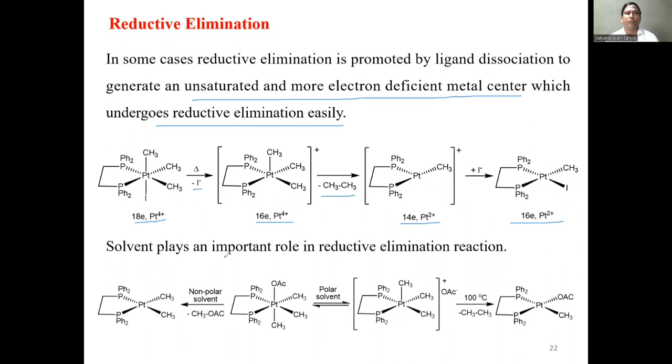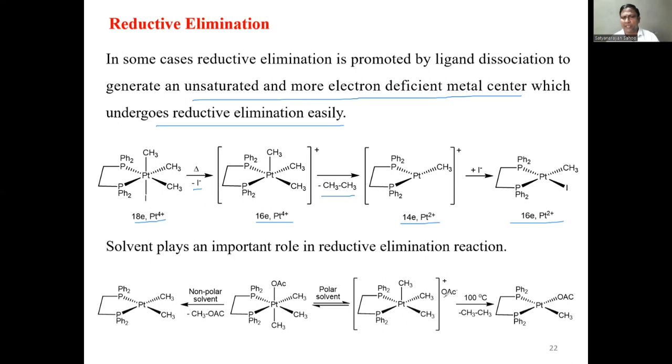For example, in polar solvents we can have one type of reaction, and in non-polar solvents we can have a different reaction. Let us see this polar solvent. In polar solvent, the species is already polar and there is charge separation.